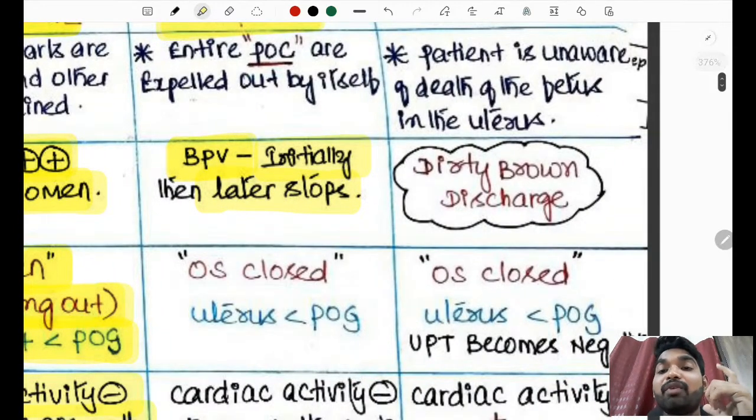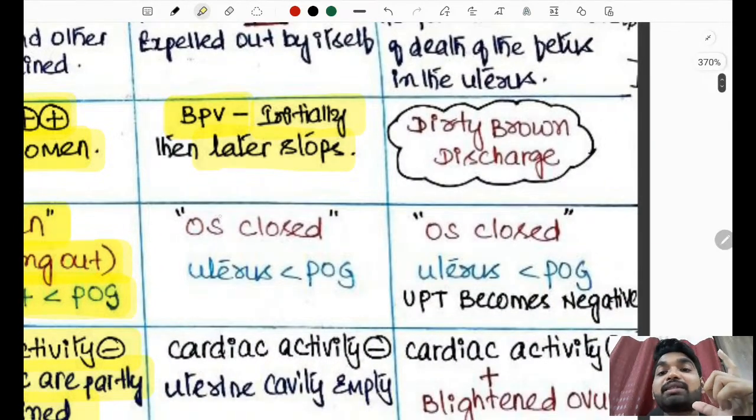When you do a per vaginal examination, the os is closed. Everything got completed here. The fetus came out, and once the fetus is expelled, the os will close again. So the os will be closed, and the uterus will be less than the period of gestation, the uterus is empty.